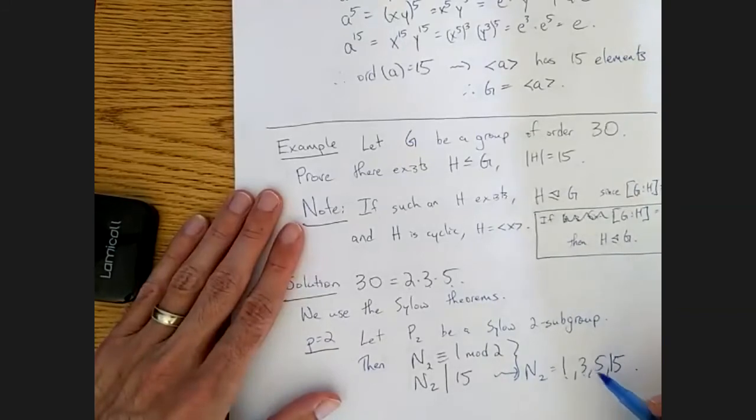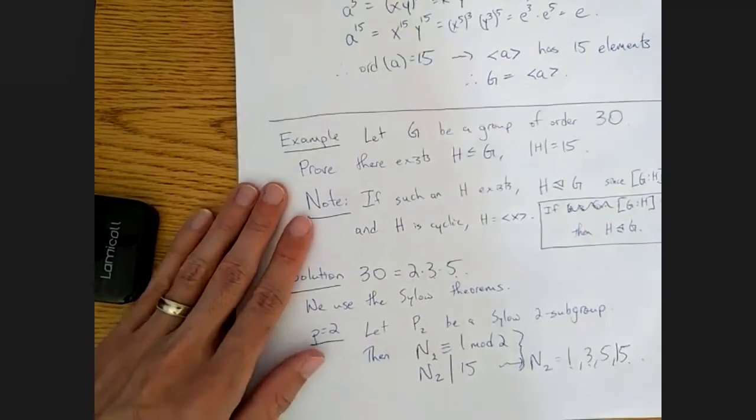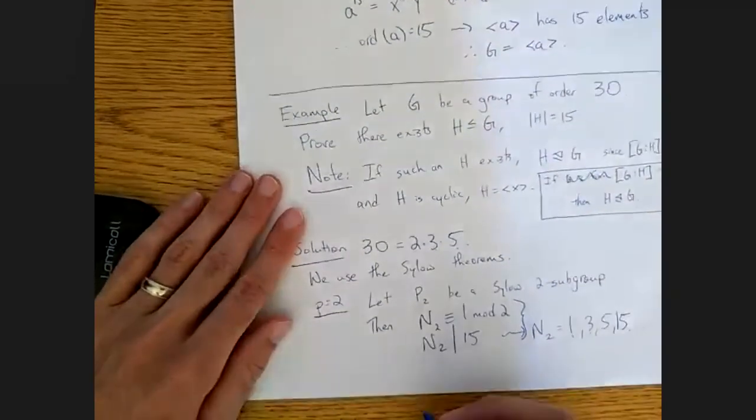All these numbers are congruent to 1 mod 2 because they're all odd. So Sylow's third theorem doesn't really help us at all. So we just move on to p equals 3.